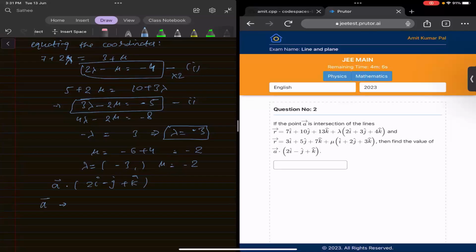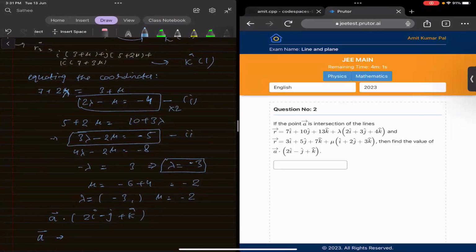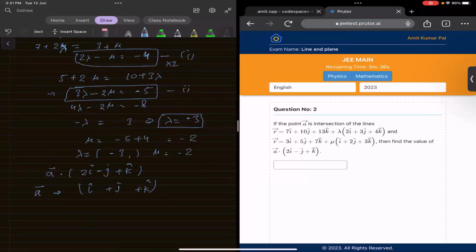If we put the mu value in the expression, this is equal to the vector i plus j plus k, so this is our a vector. If we quickly take the dot product, it becomes 2 minus 1 plus 1, which is equal to 2. So our answer would be 2.